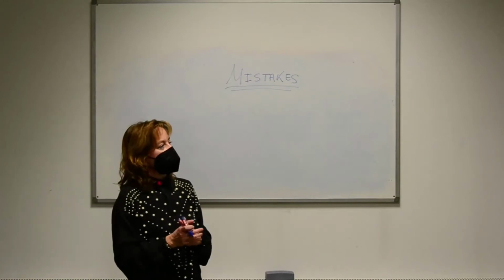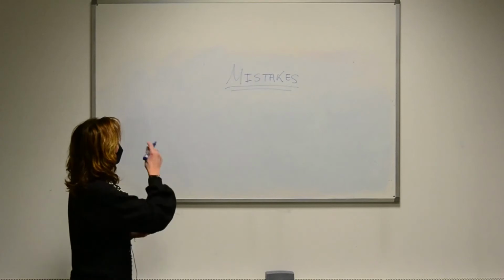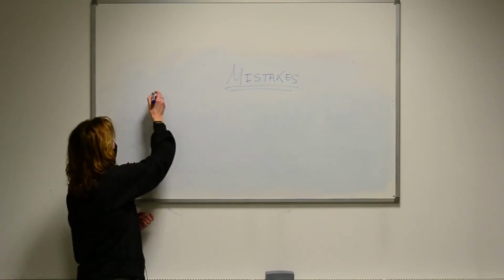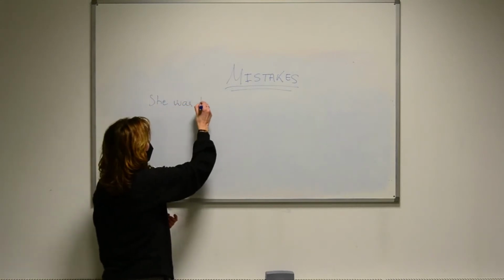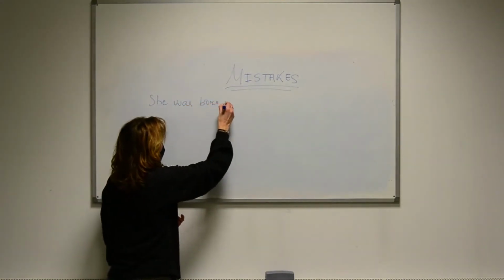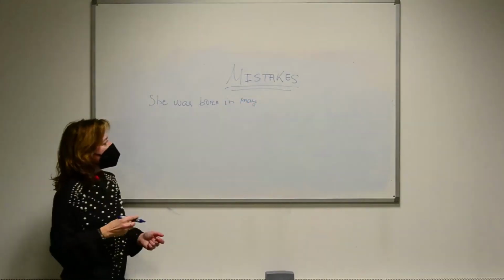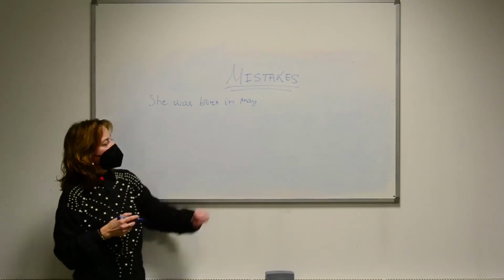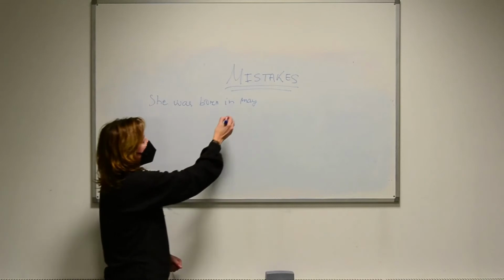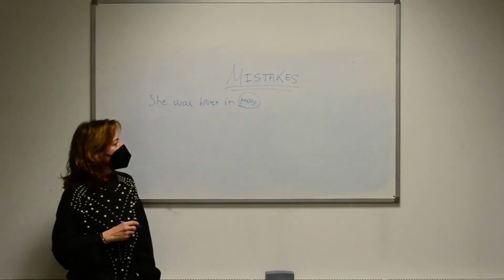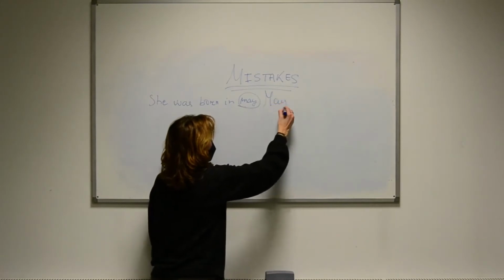A common mistake for Spanish people is that we say, for example, in English we say, she was born in May. Many Spanish people write down May without a capital letter. This is a very common mistake because in English months are written with capital letters.